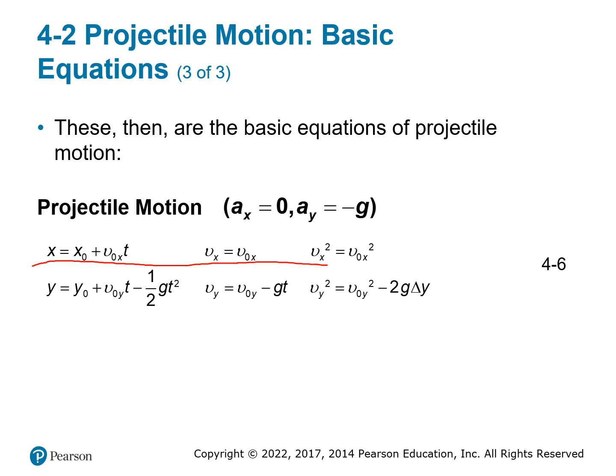Those are the ones with the x's, v sub x, or just x itself for the position. This only deals with the horizontal component. And we assume that our horizontal acceleration is 0 because our velocity is constant. So our final velocity is the same as our initial velocity.